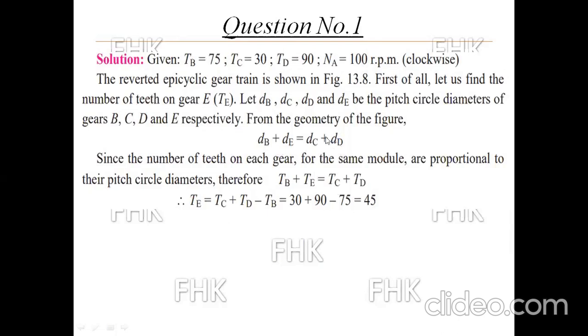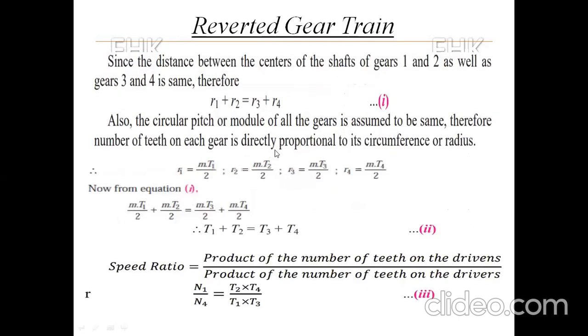As discussed earlier, the distance between the centers of the shafts of gears 1 and 2, as well as 3 and 4, is the same. The center distance for gears 1 and 2 as per the previous figure, and the center distance for 3 and 4, is the same. So I can write the statement R1 plus R2 is equal to R3 plus R4.